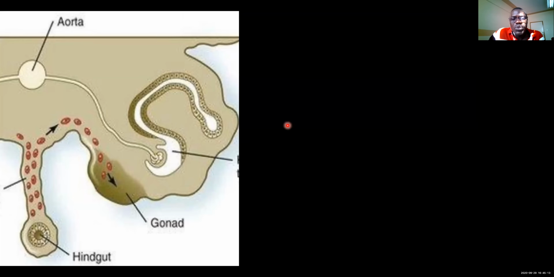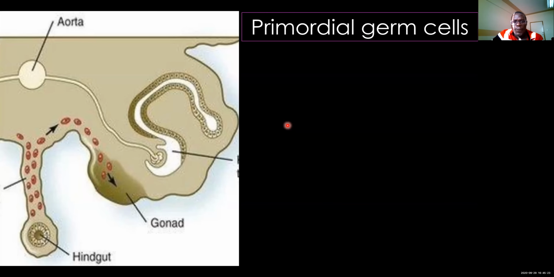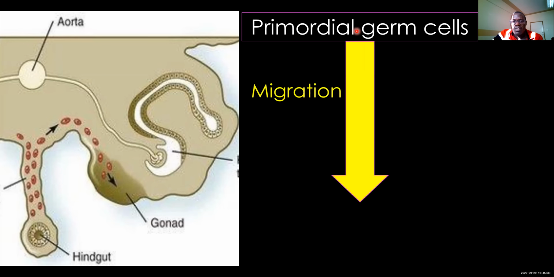So let's go through the steps in oogenesis the way we did for spermatogenesis. We are saying that we have primordial germ cells. Way before birth, these primordial germ cells migrate into the developing gonad.